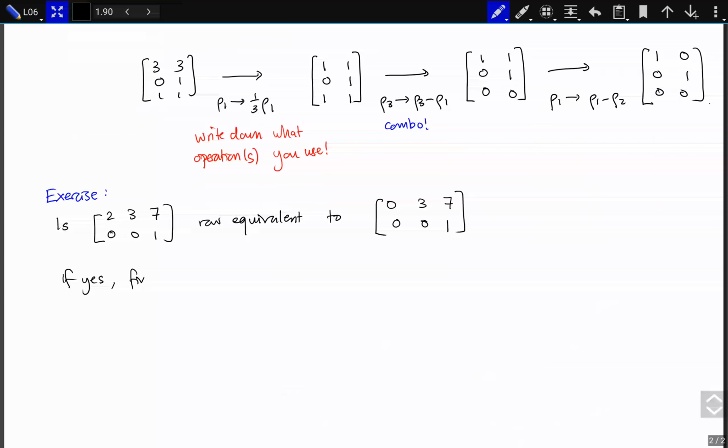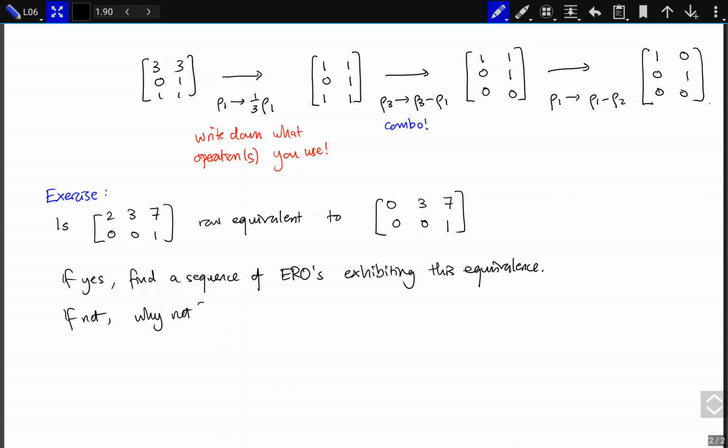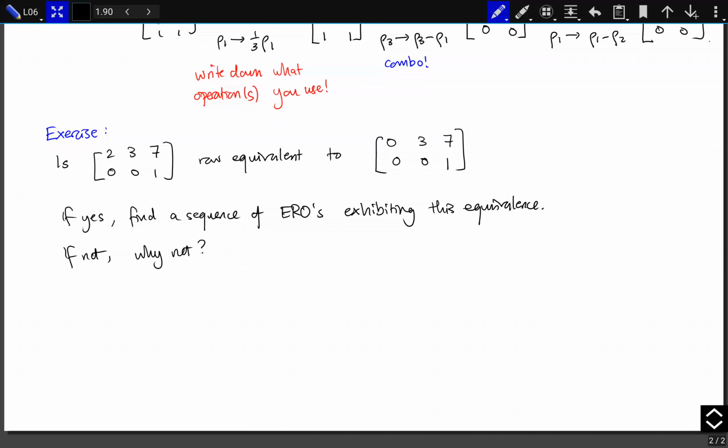So find a sequence of elementary row operations exhibiting this equivalence. And if no, why not? So I'll let you think about this. So at the beginning of next lecture, we can talk about this. I want you to think about it first. For the following exercise that you're going to go see later, I will provide a solution.